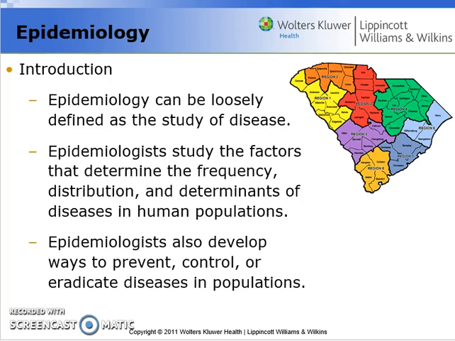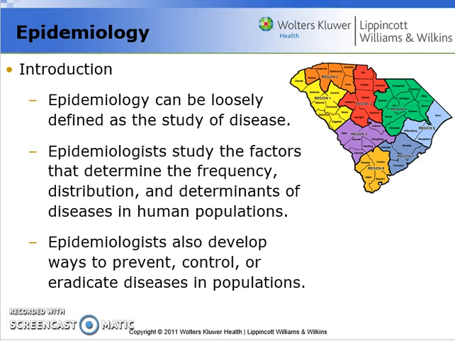Epidemiology is essentially the study of diseases within a population. So when we talk about epidemiology, we're talking about how we watch and observe how disease that is brought on by either bacteria, fungus, protists, different parasites, insects as well.